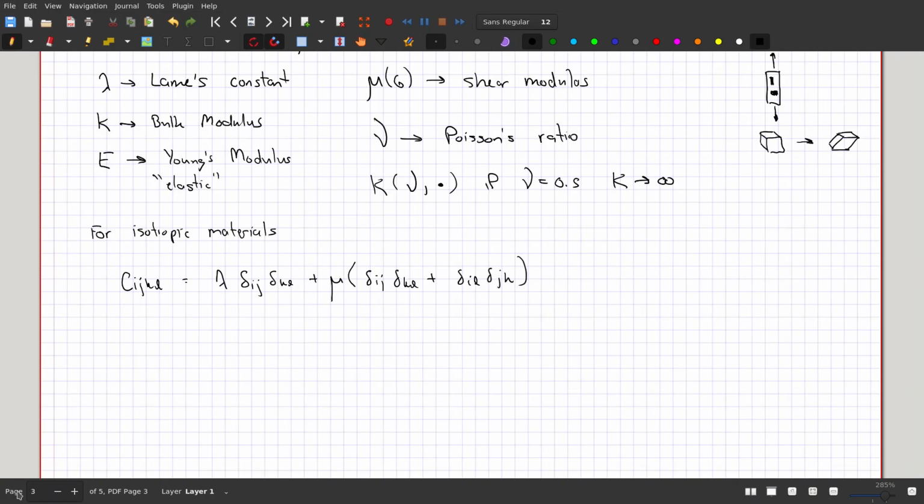And so if we put that into our generalized Hooke's law, sigma_ij equals C_ijkl epsilon_kl, I'm just going to substitute that in.